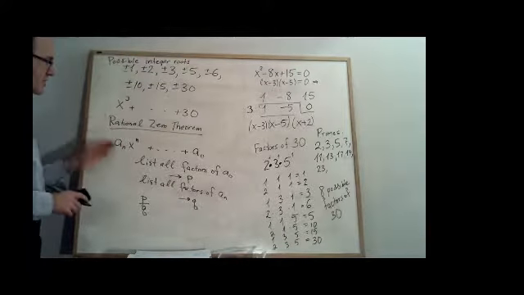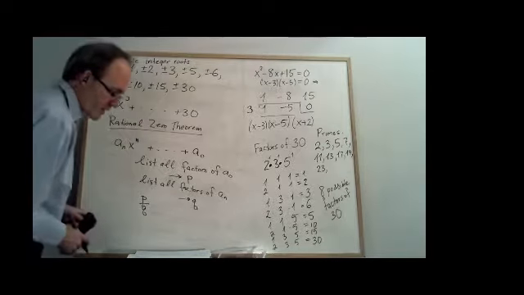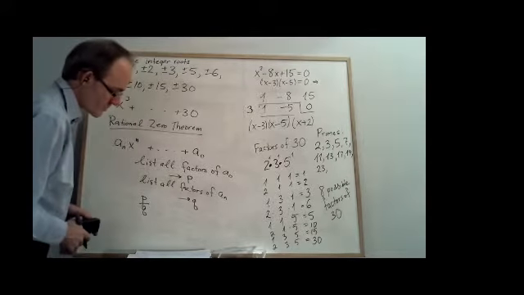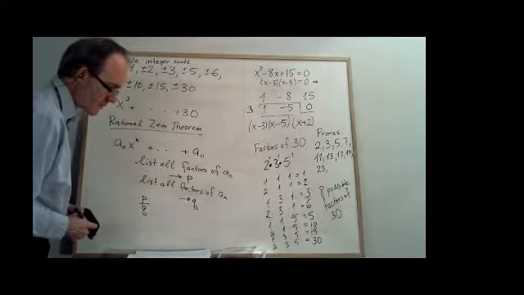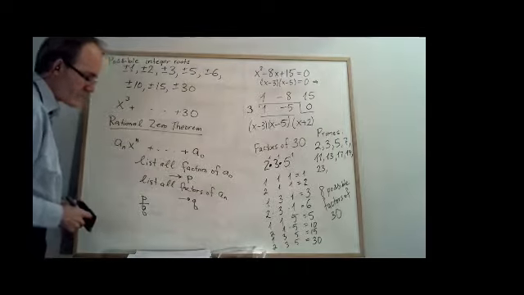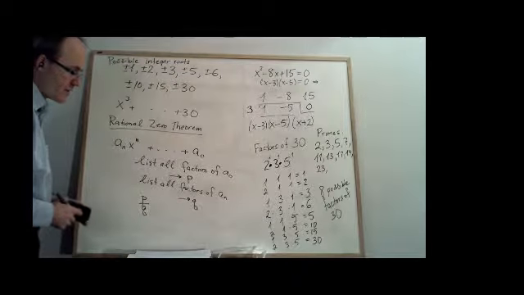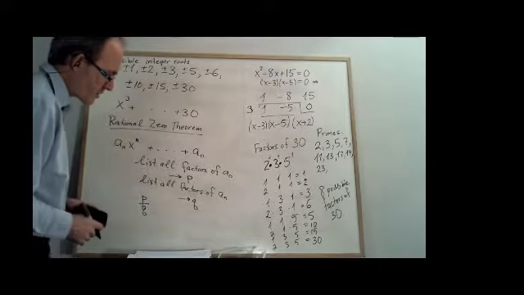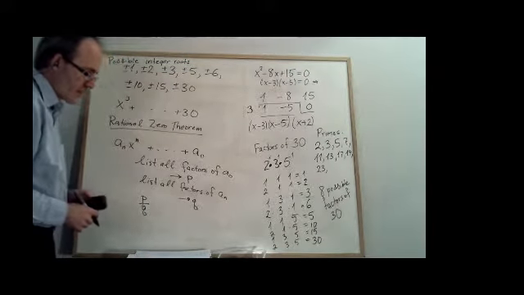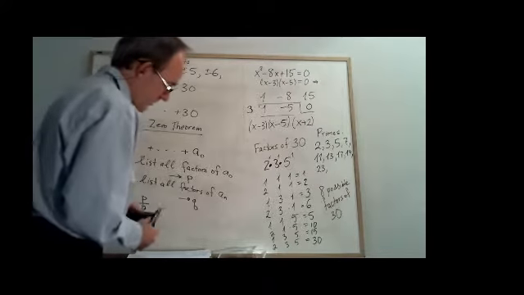So the rational zeros. Okay. So let's try an example 3 in this section 5.3. List all the possible rational zeros of 2x to the 4th minus 5x cubed.